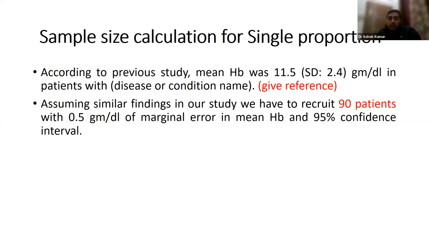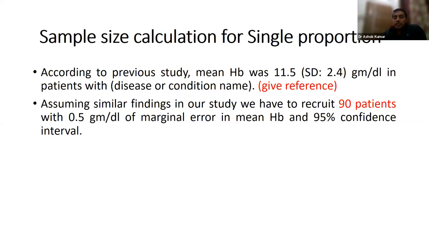So margin of error is 0.5 gram per DL in mean HB. So in this study, the mean HB is 11.5. But in our study, mean HB is ranging from 11.5 plus minus 0.5. So when we subtract it, it is coming 11.